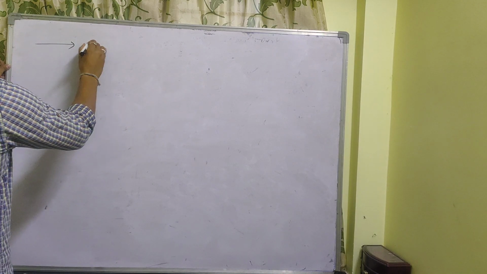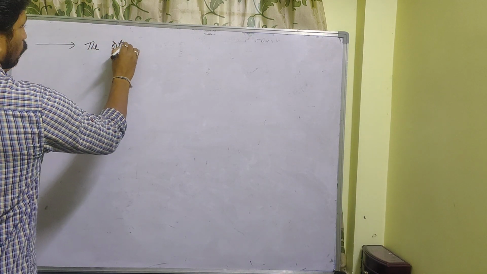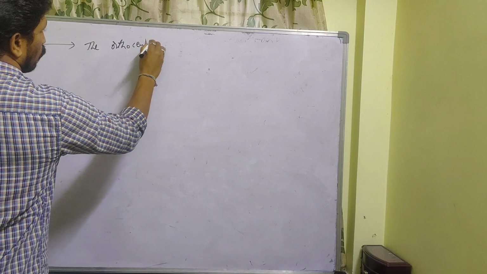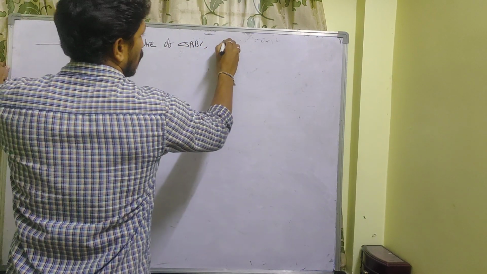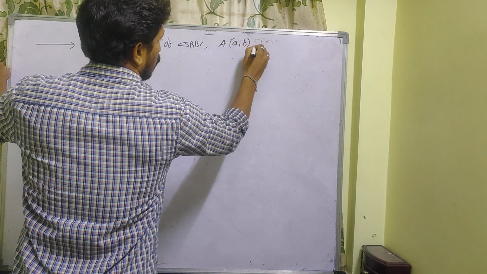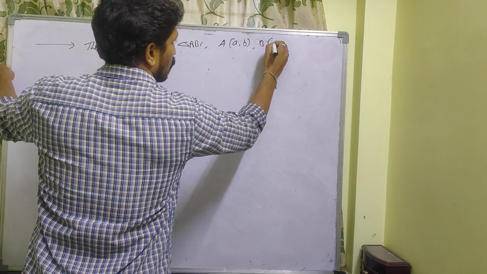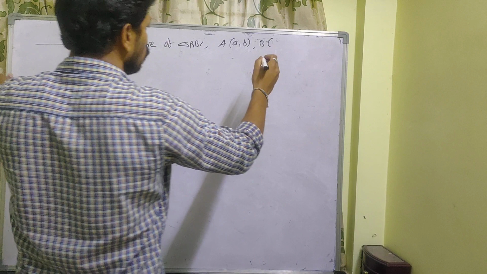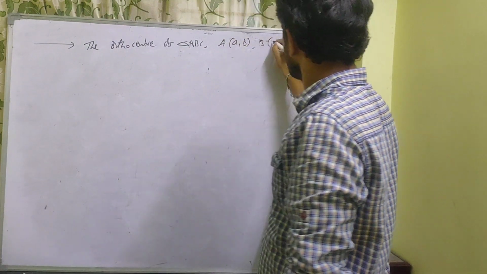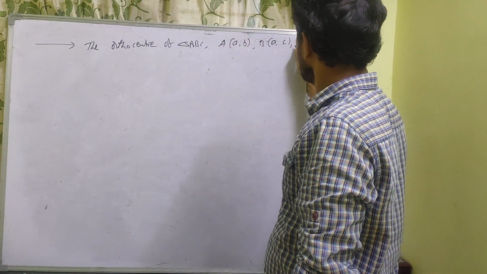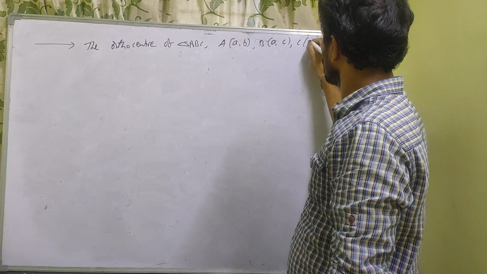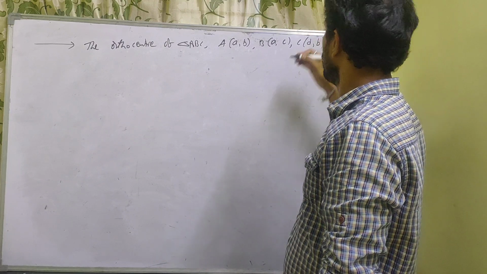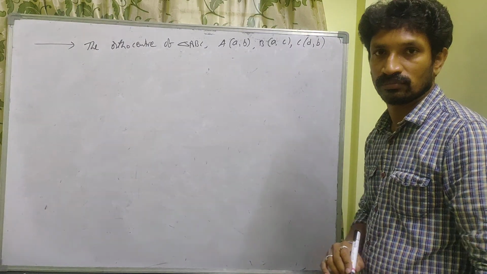See here, the orthocenter of triangle ABC having vertices (a, b), (a, c), (d, b).